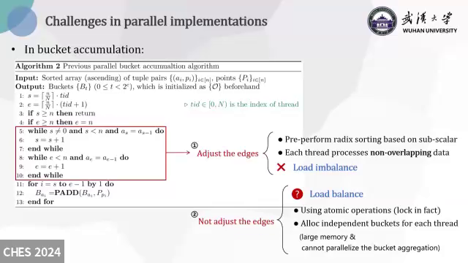There are two types of solutions in existing schemes. One is to adjust the edge to ensure that each thread processes non-overlapping data. And the other one is to directly allocate independent buckets for each thread without adjusting edges. But the former one can lead to load imbalance, while the latter results in large memory usage and cannot parallelize the bucket aggregation phase.